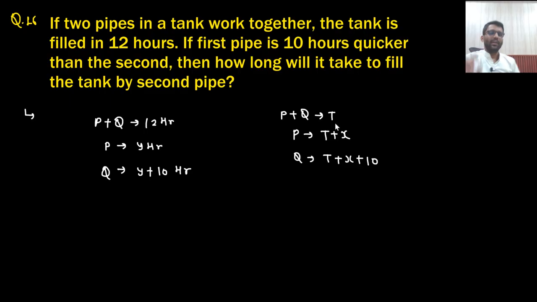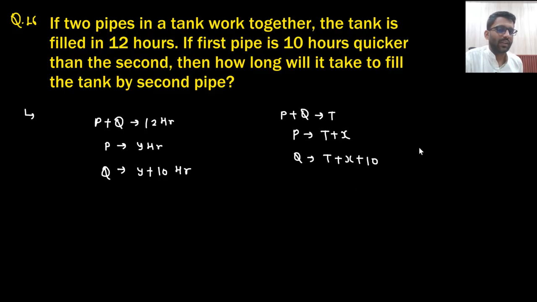Say yes or no. I know T is 12 hours. P plus Q is taking 12 hours. But I am assuming that P plus Q takes T time, then P will take some more time than T. So T plus X. And Q will take T plus X plus 10 times. Are you agreeing to this point? Because Q takes 10 hours more.